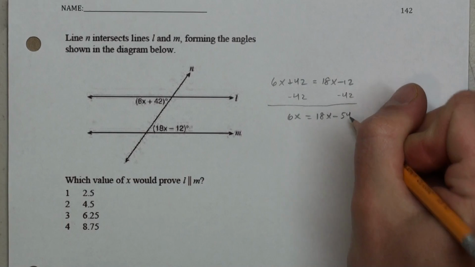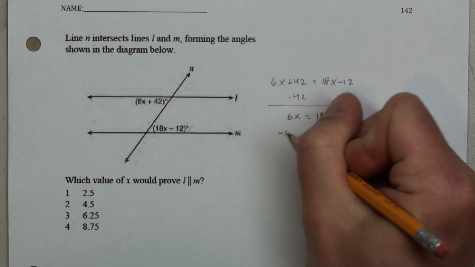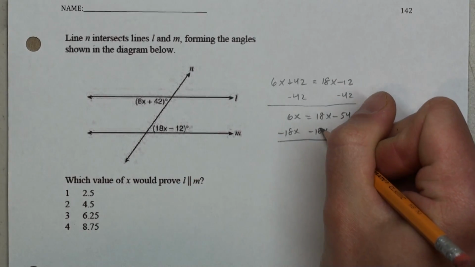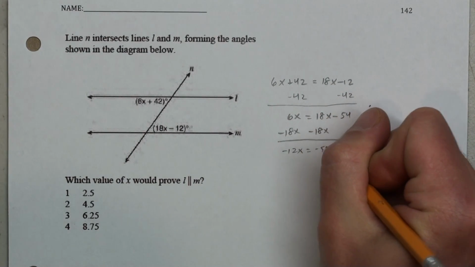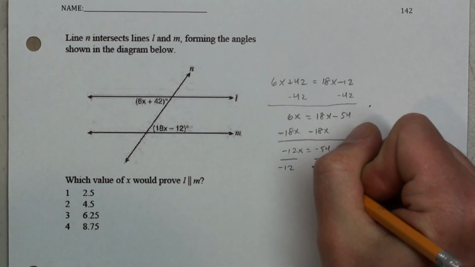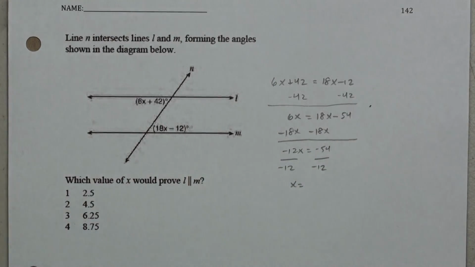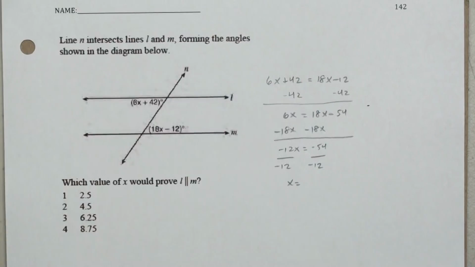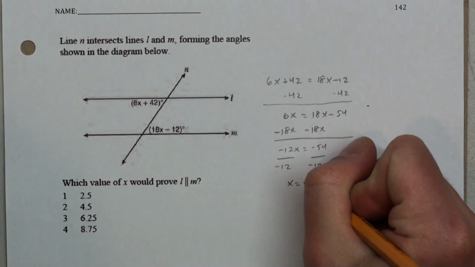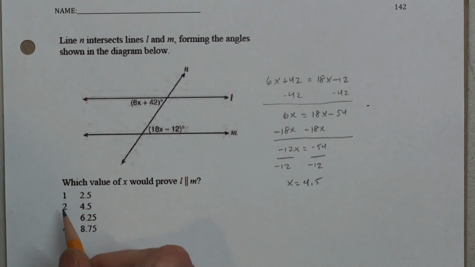Minus 54, subtract 18x, negative 12x equals negative 54, divide by negative 12. x equals 4.5. And it says what value of x, so it would be 2.